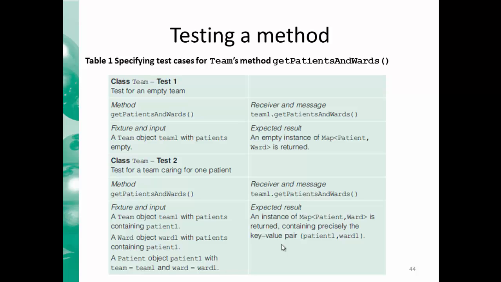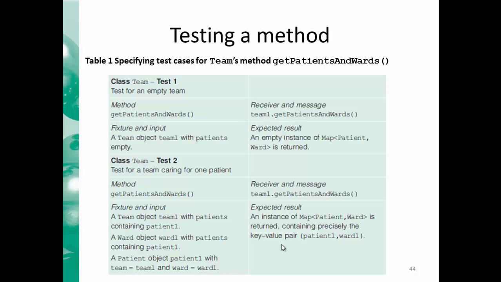So we have a ward1 of type Ward with patients containing that particular patient. So a patient object patient1 with team object team1 and ward object ward1.